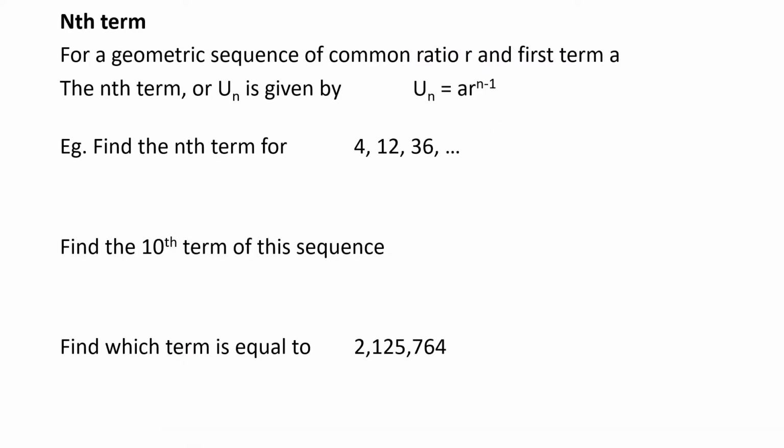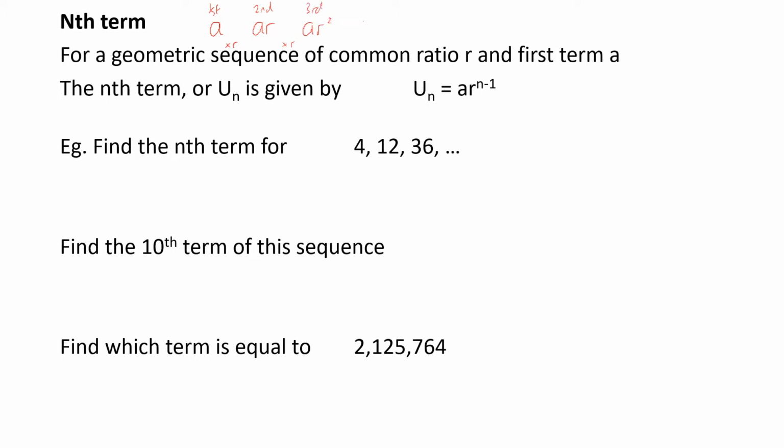So as with arithmetics, the first thing we might want to consider is the nth term. Now if you think about the sequence we've just defined, we're saying that the first term is A, and then we multiply that by our ratio R. So the second term will be AR. And our third term, multiplied by R again, will be AR squared.